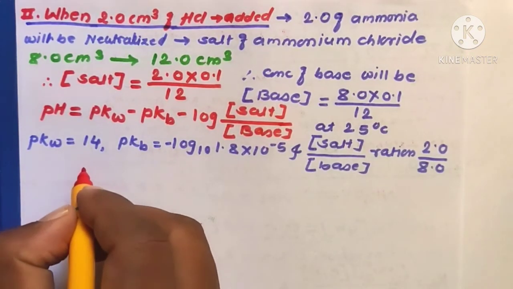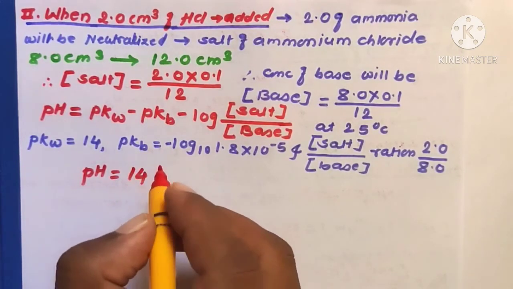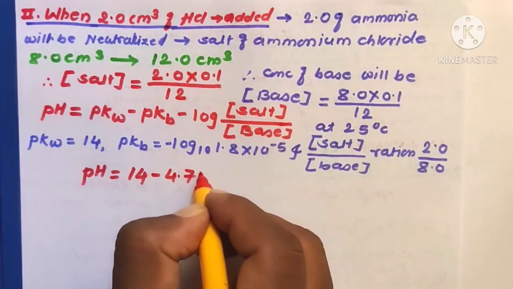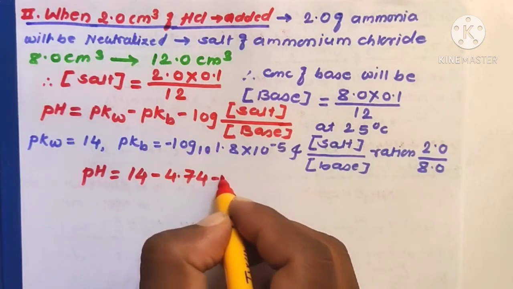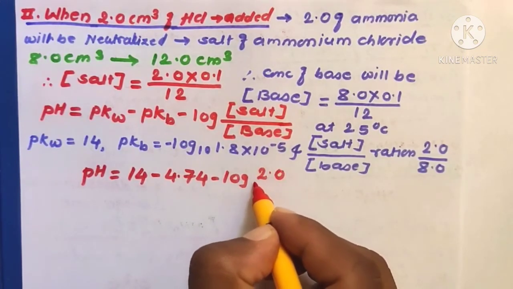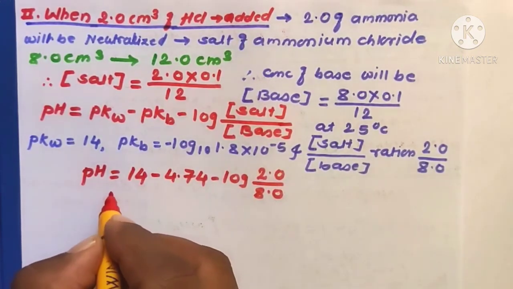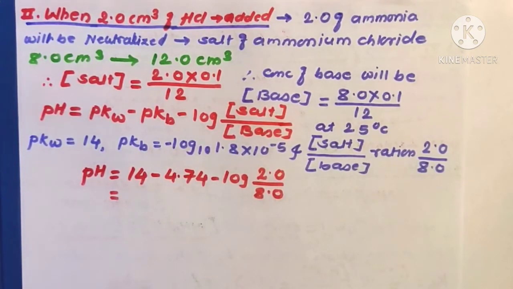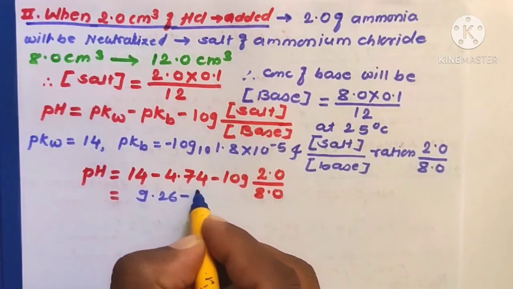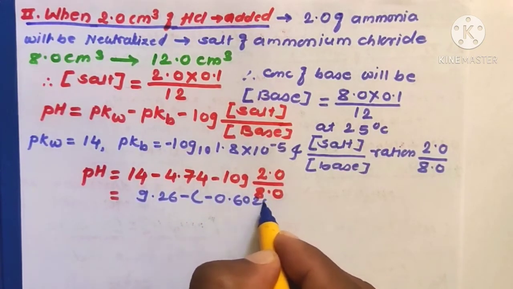Now substituting these values in the above equation, the pH is equal to 14 minus 4.74 minus log 2.0 divided by 8.0. We will get 9.26 minus, in the bracket, minus 0.6020.